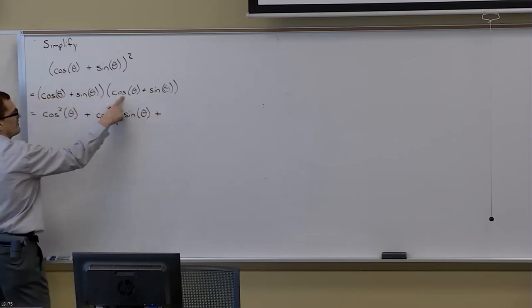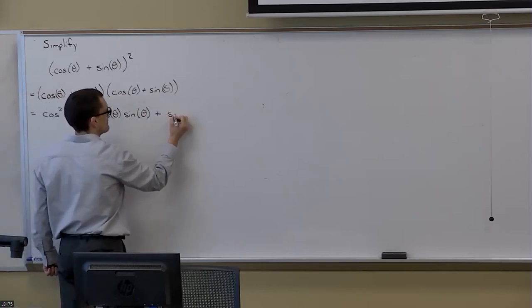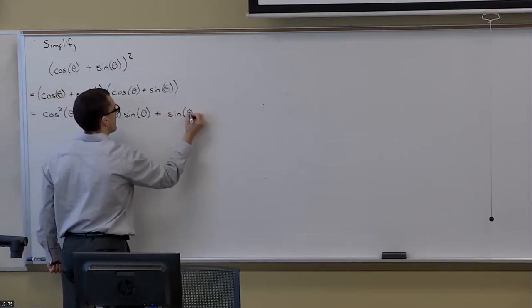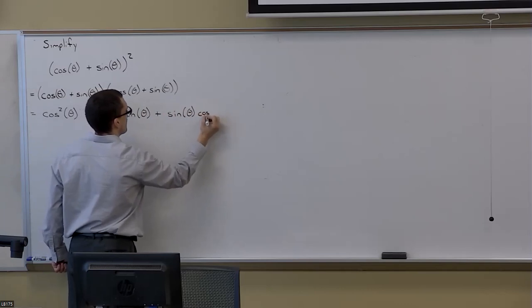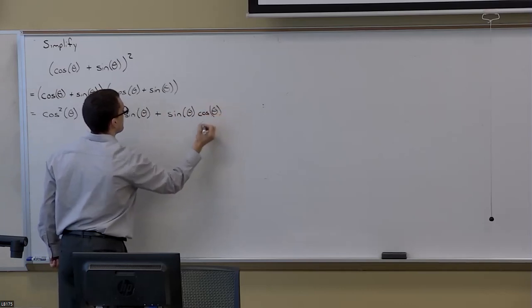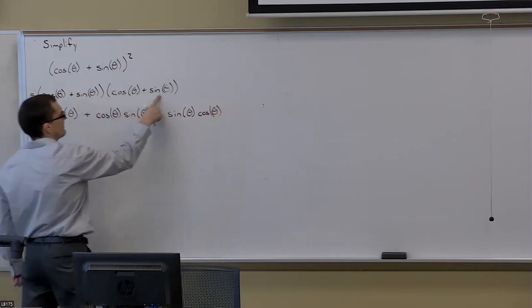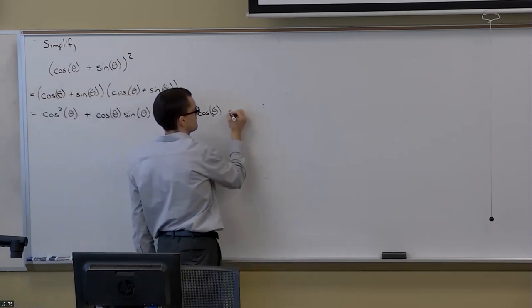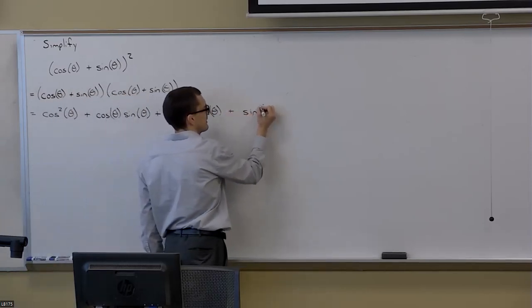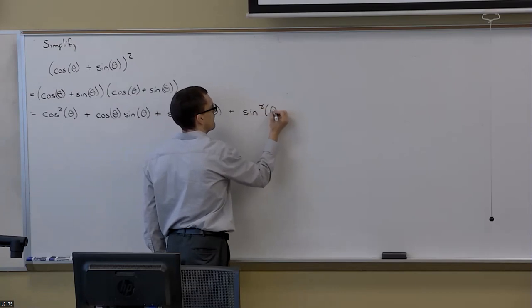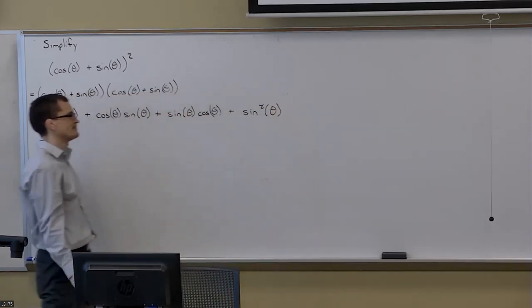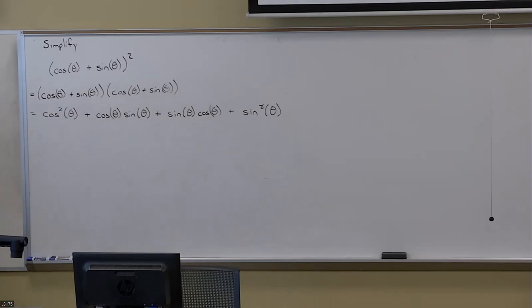Now I have sine times cosine. And then we have sine times sine, so sine squared. So I have 4 terms when I multiply that out.